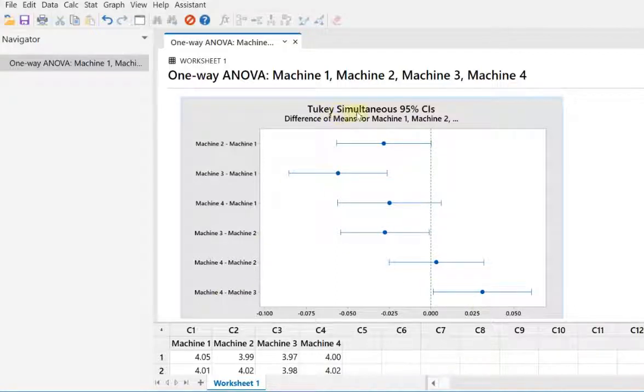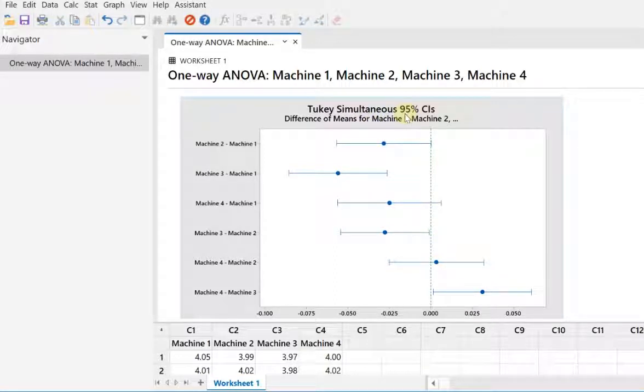Tukey's simultaneous 95%. See that simultaneous? What Tukey's multiple comparison does, and this is actually now Tukey-Kramer, right? Because the samples are different sizes. What this is doing is trying to maintain the overall simultaneous, meaning all of them combined, at 95%.